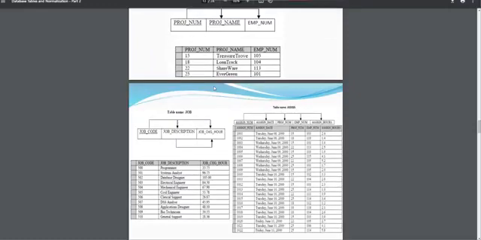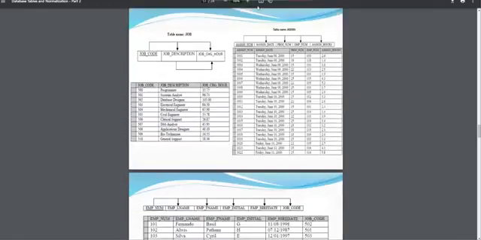This one, job code, job description, charge per hour, and the assigned table can be produced this way, right?